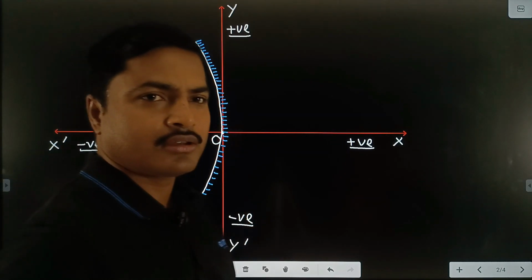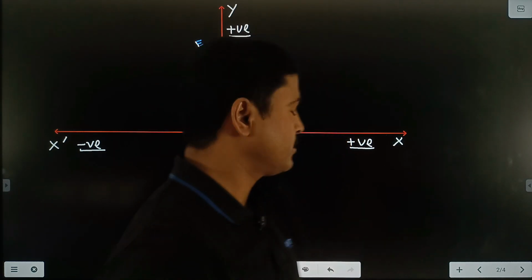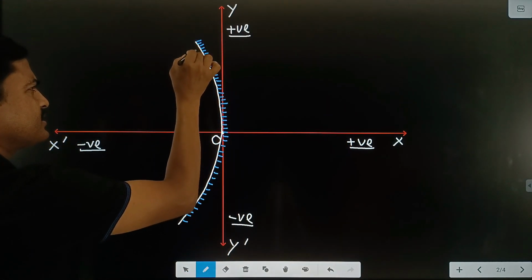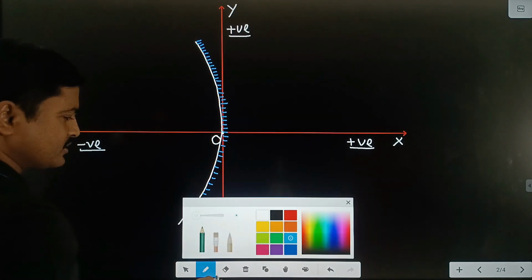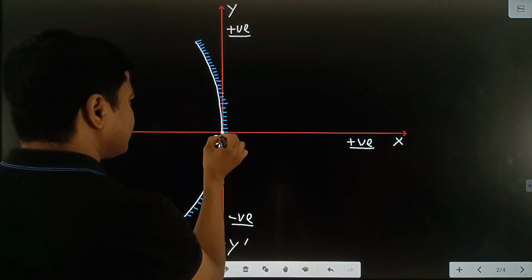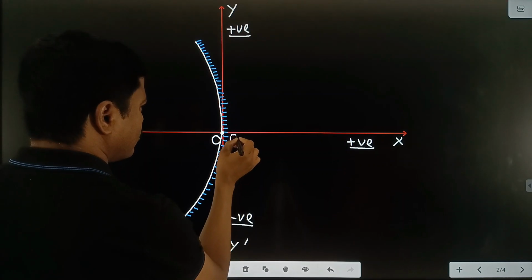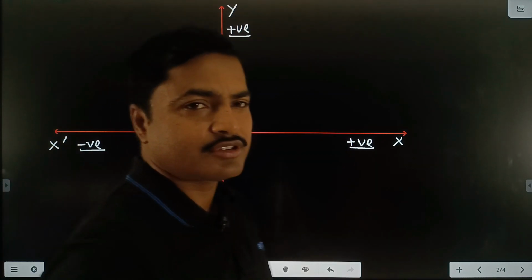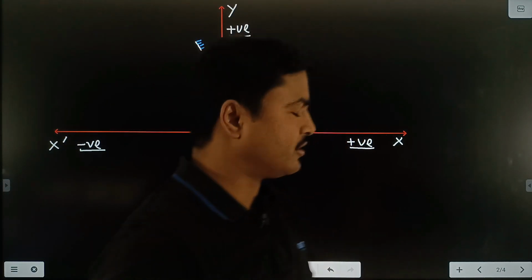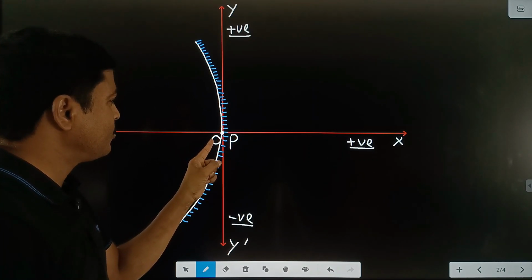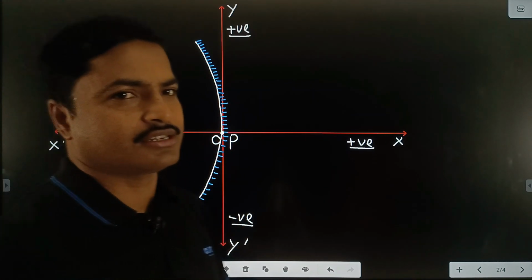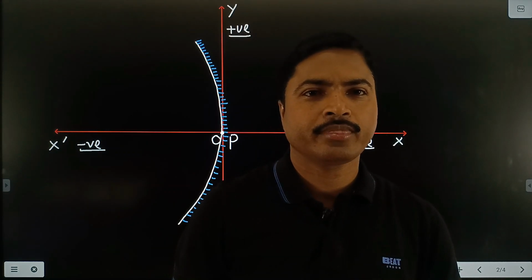Now this is a concave spherical mirror, and this is the reflecting surface. This point is the center of the reflecting surface, and it is known as the pole of the concave spherical mirror. Clear? And here the pole of the spherical mirror coincides with the origin of the Cartesian coordinate system. Both are the same.